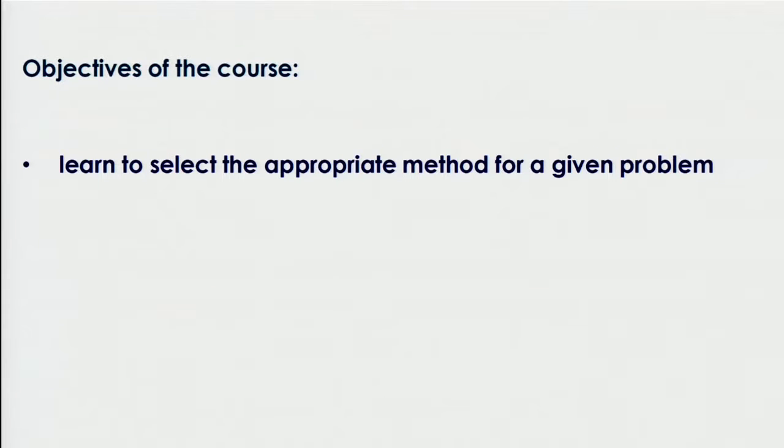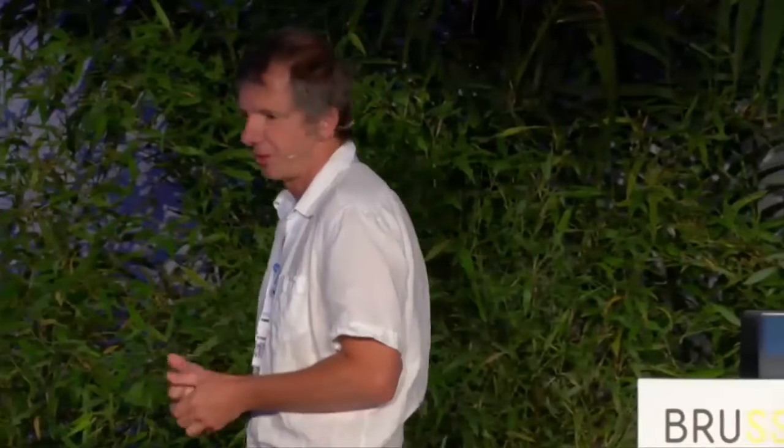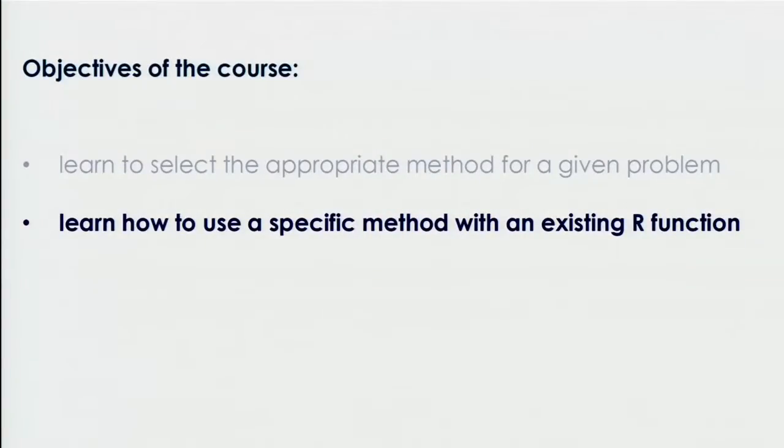So the objective of the course, and this is not specific to this course, is to learn to select the good method for a given problem. How can we solve a problem? And for that, we use R. So that means that we need to know how to use a method which is implemented in R. It can be an R function, an R package.